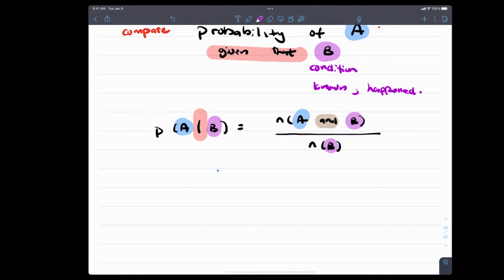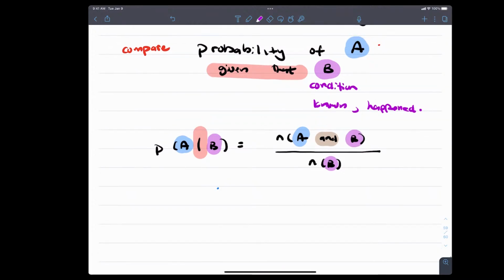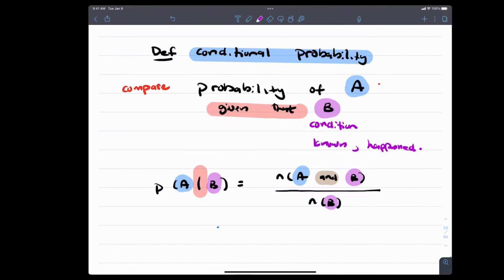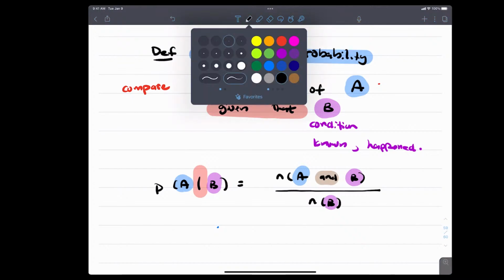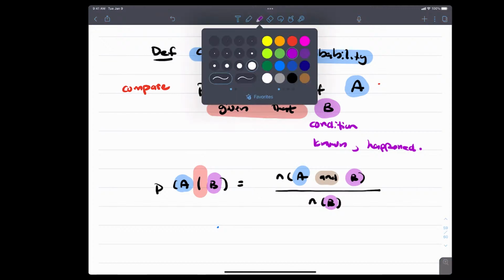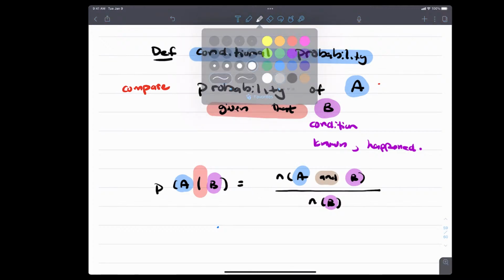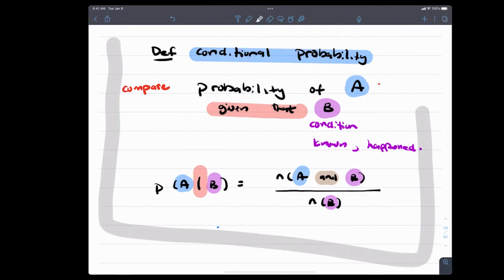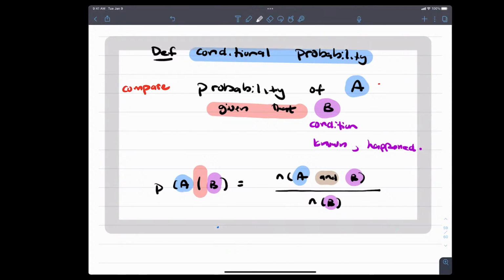And B. Is that right? This is a conditional probability. And I'm going to say, get to know this definition because this is used to compare, ladies and gentlemen. It's used to compare. So this is what I mean that it's used to compare.